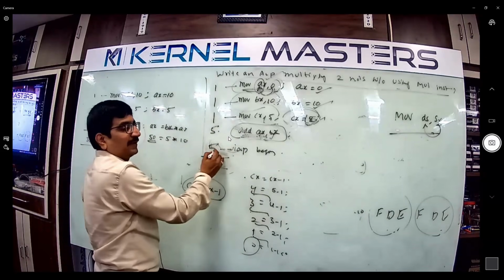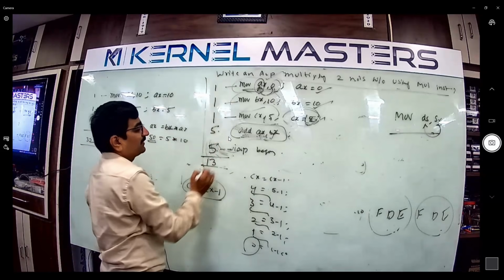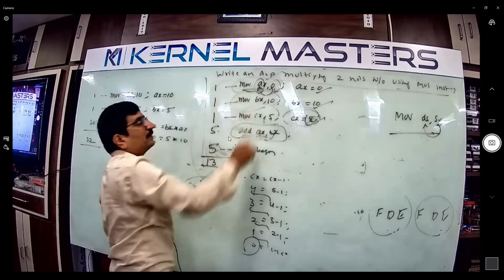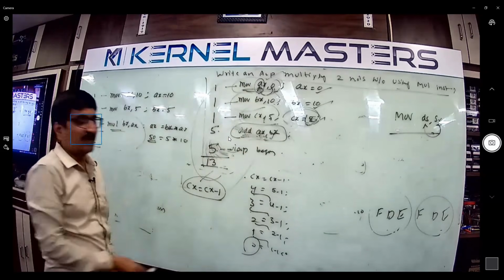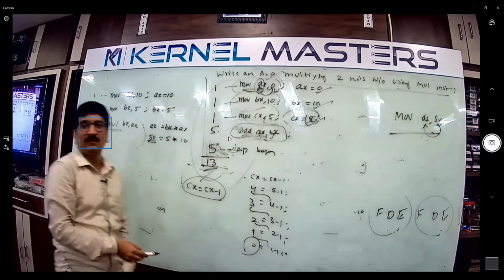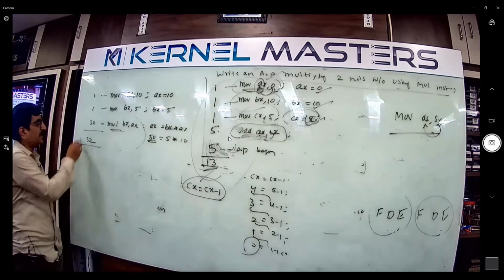So in the RISC architecture, adding the numbers takes 13 cycles. In the CISC architecture, it takes 32 cycles.